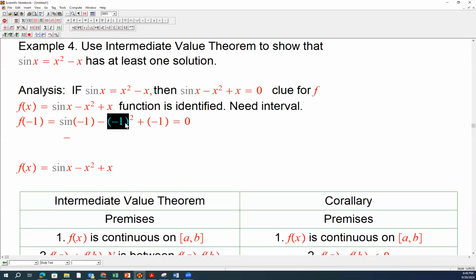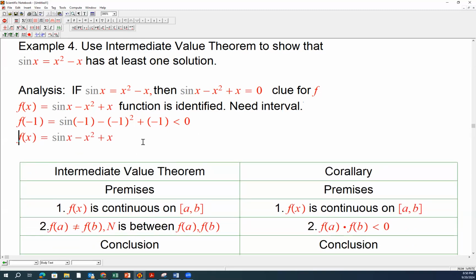But this is going to be +1, so -1. So the whole thing actually is going to be negative, less than 0, according to my assessment, because this is a -1 plus another -1, and that's going to be negative.